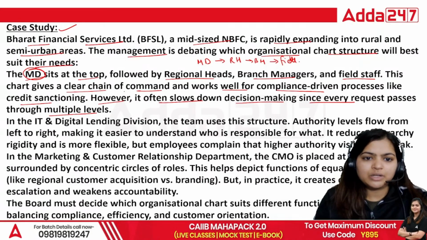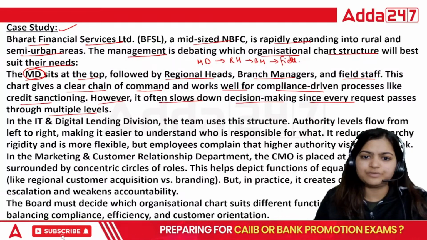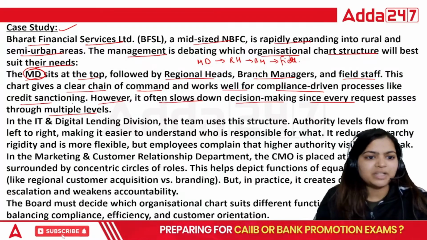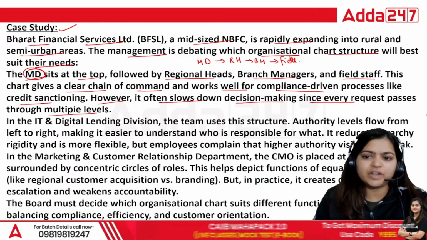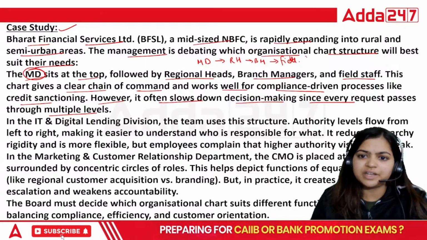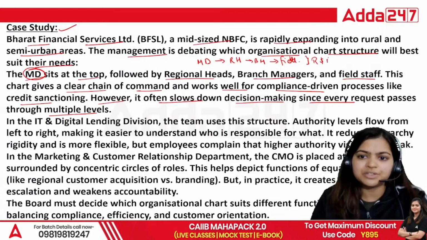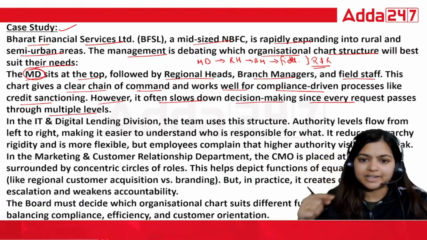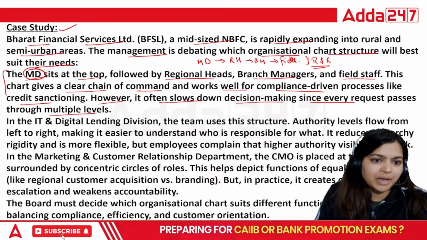So you can see there is one hierarchy. There are rules and regulations which flow through the hierarchy. This is what we can take for this second para.